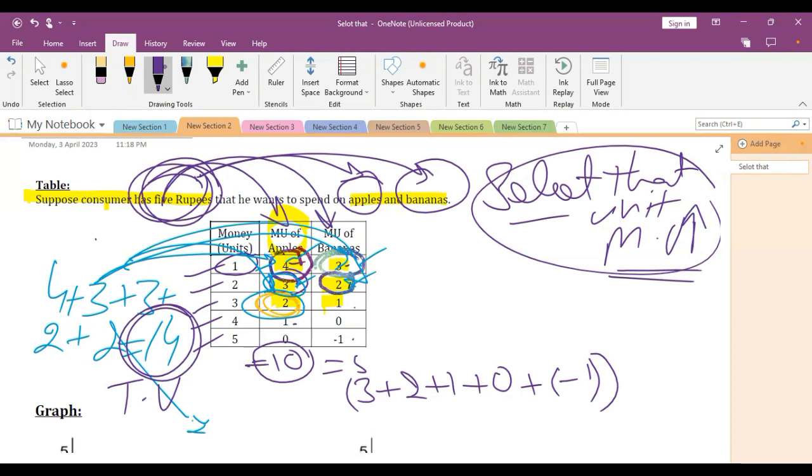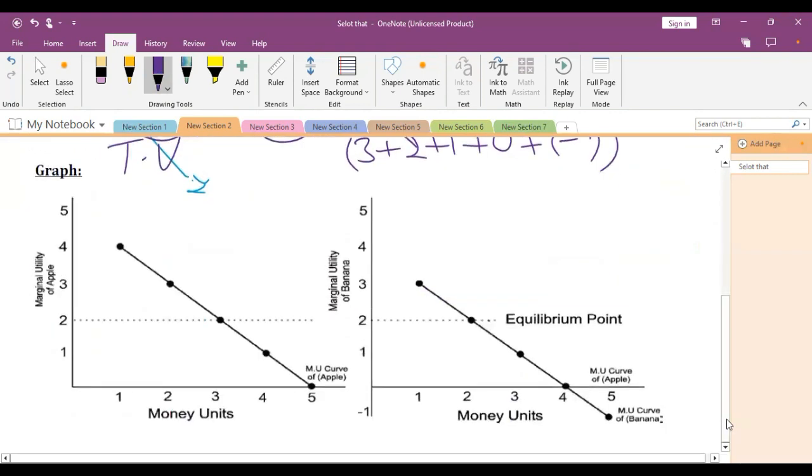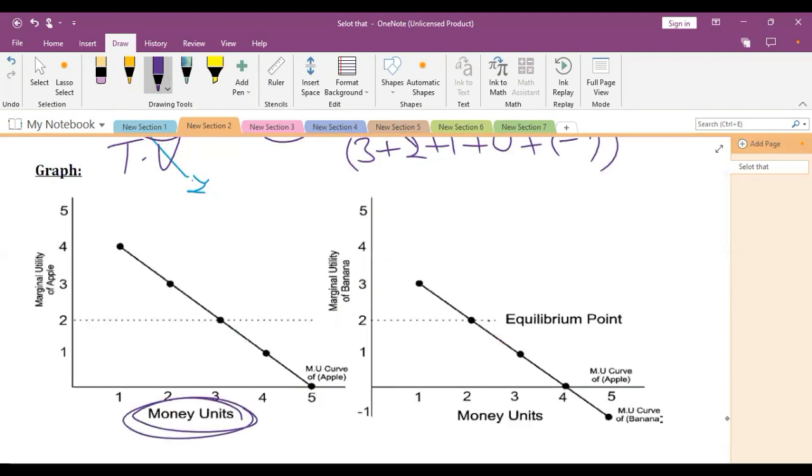So it is the maximum level of satisfaction that can be obtained through consumption of 5 rupees.